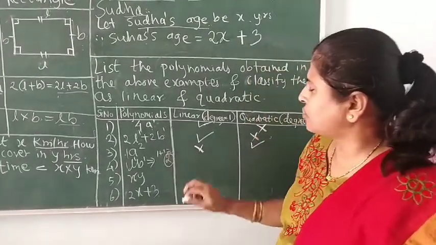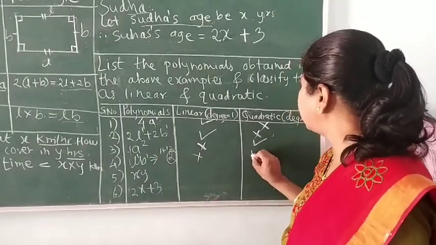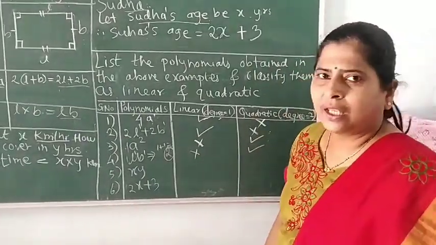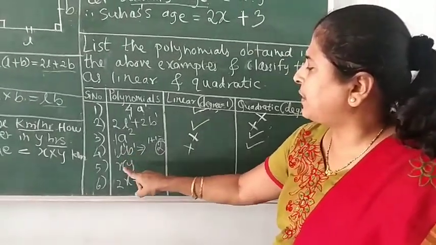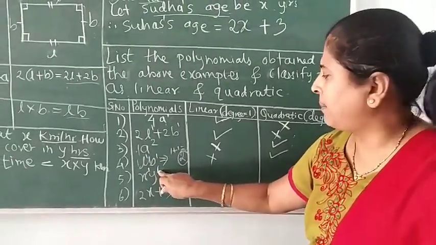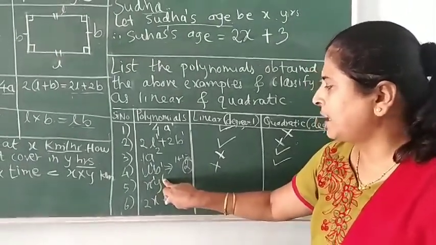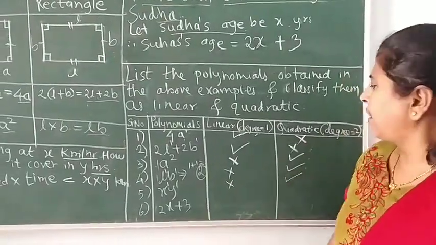And when the degree is 2, we say it is not linear but it is quadratic. Similarly here xy. As for lb, it is 1 plus 1. The power of variable x is 1, the power of variable y is 1. So the degree is 2. So this is also not linear but this is quadratic.